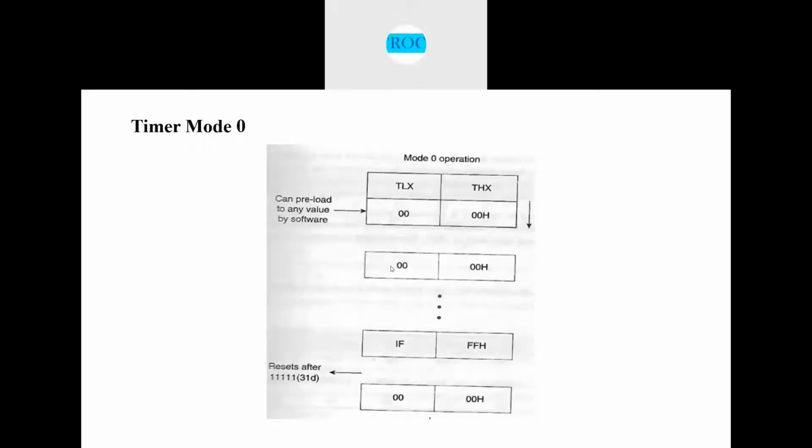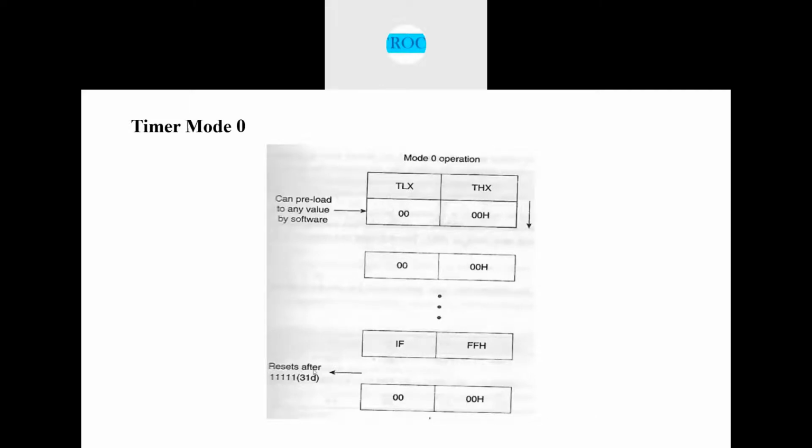We studied this in detail and I explained this operation also. Here the maximum, since it is 16 bits, is all zeros up to here. The 13 bits from 0 to 12 will be set to 1, which will be 1FFF.